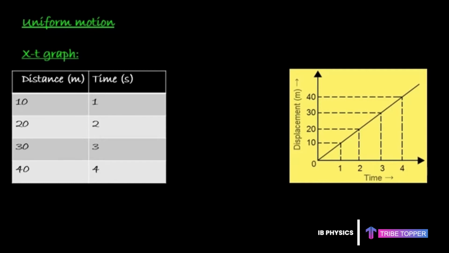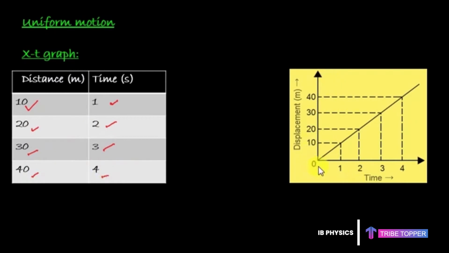So let's look at this graph, xt graph for uniform motion. Xt graph means the distance time graph for uniform motion. As you can see here, there is a distance of 10 meters covered in 1 second, then 20 after 2 seconds, then 30 after 3 seconds, and 40 after 4 seconds.